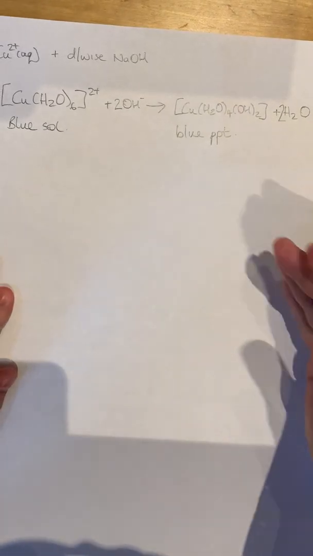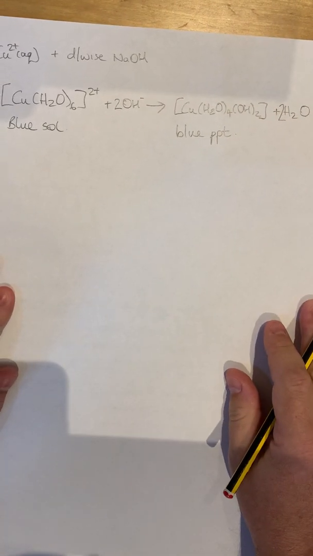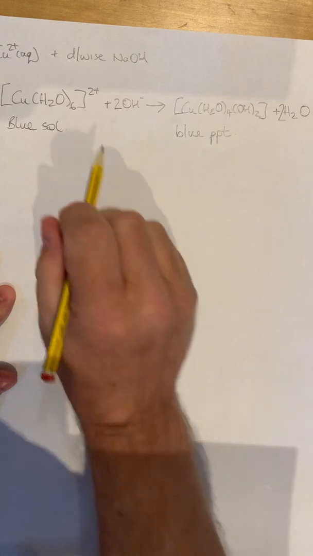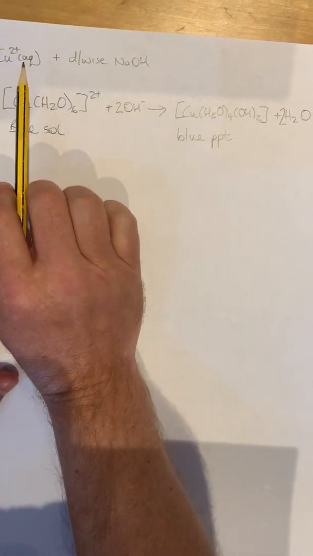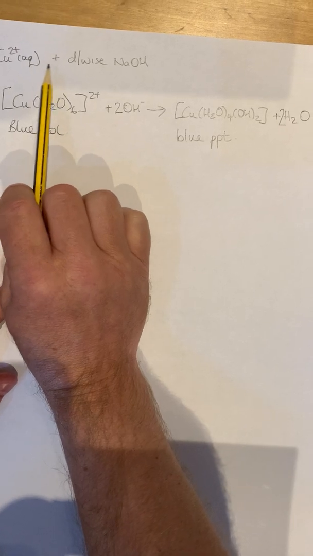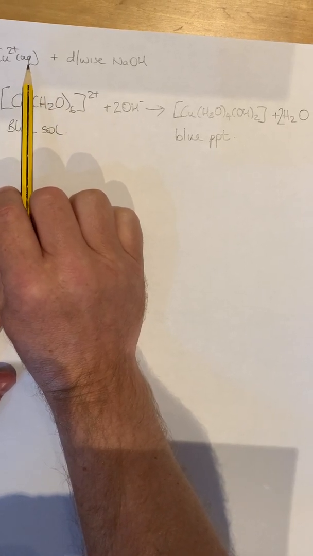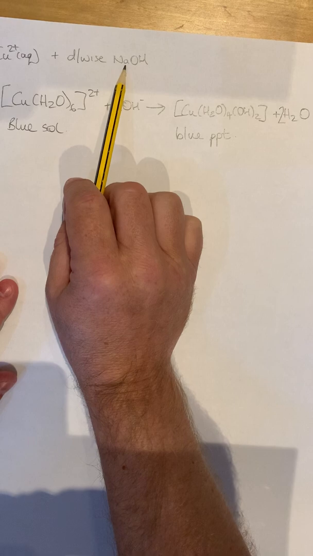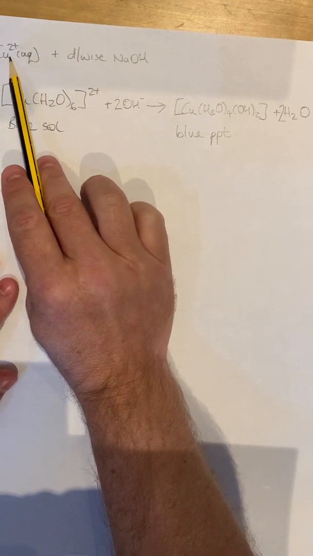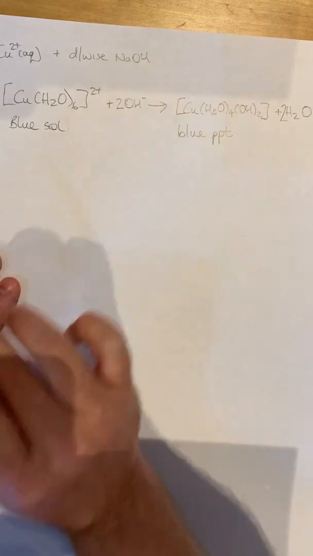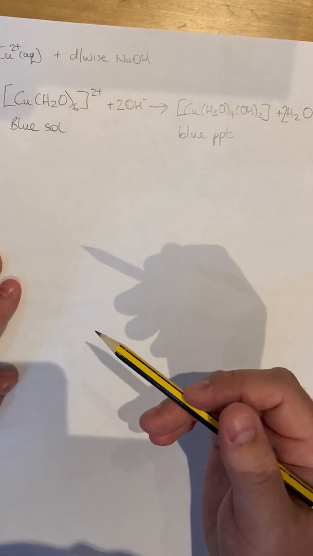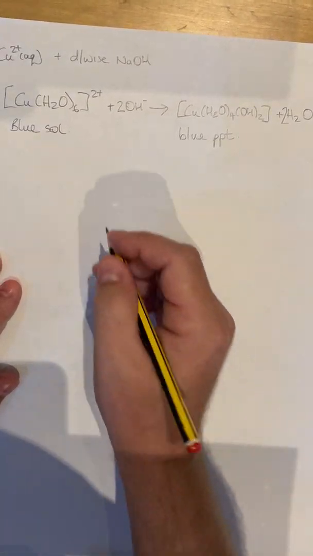And so that's what you'd be expected to provide. You don't need any more descriptions regarding the colour changes. Now, the only other thing that could occur to that question is if the question said, write equations and state observations if sodium hydroxide was added to a solution of aqueous copper 2 ions, dropwise and then to excess. Now we'll see this quite a lot, this dropwise and then to excess.